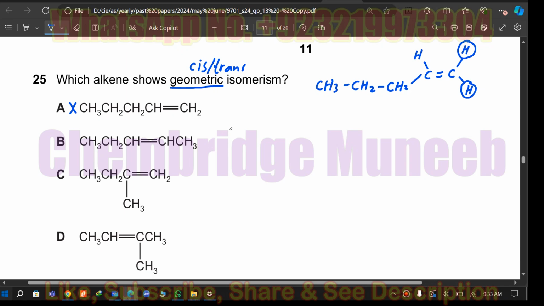Now I'm going to write the structural formula of B molecule. It is CH3, CH2 bonded with carbon, which is for the carbon double bond, and this carbon has hydrogen here. This one has this hydrogen, and this has a methyl group here.